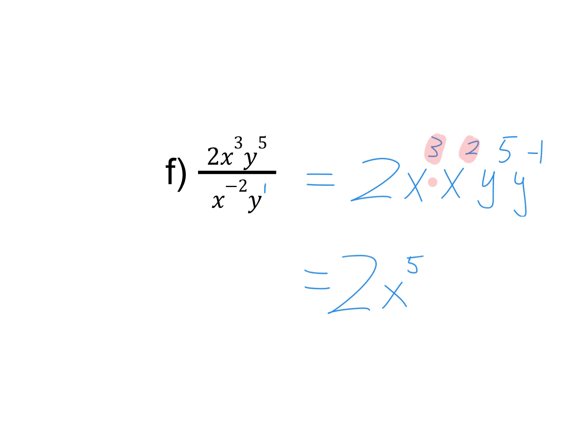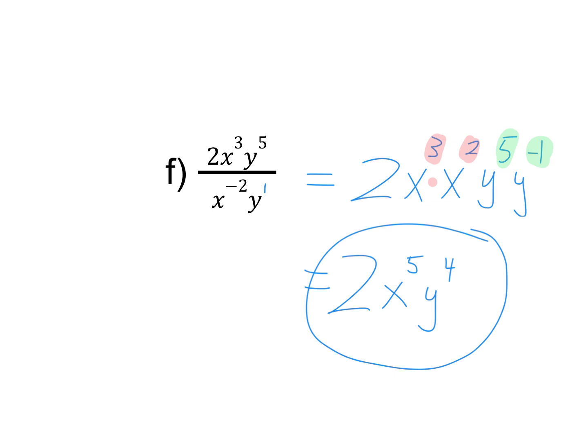Then I have my y terms, and they have two different exponents as well. So again, I'm multiplying those, so I'm going to add the exponents. So I'll have y, and then 5 plus negative 1, or the same thing as 5 minus 1, will give us an exponent of 4.